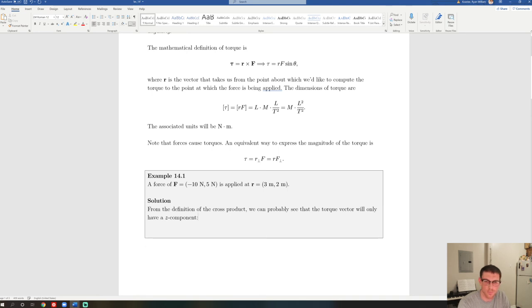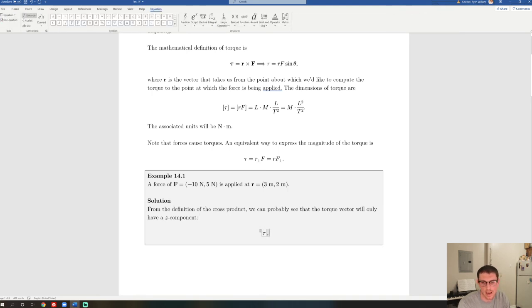We can say that tau sub z, thinking back to our very first lecture, is the x component of r times the y component of F minus the y component of r times the x component of F, okay?